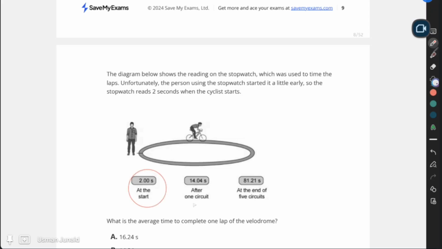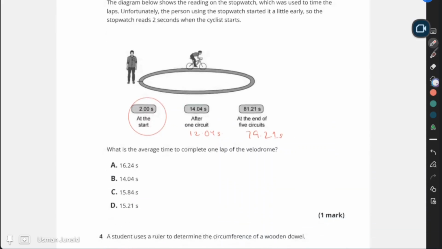After one circuit, it's 14.04 seconds. So this is actually how much? 12.04 seconds. Yes. And at the end of 5 circuits, it's actually 79.21 seconds.